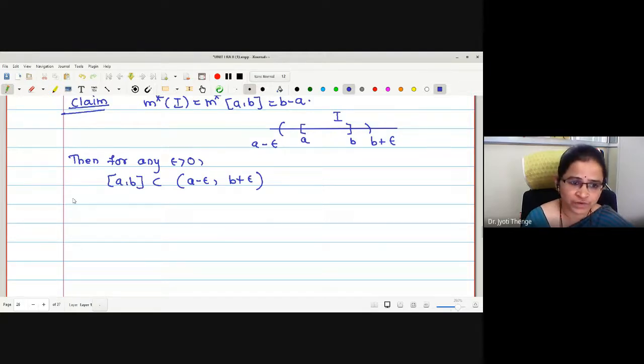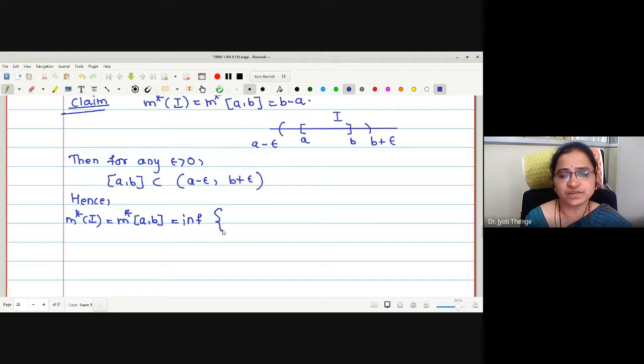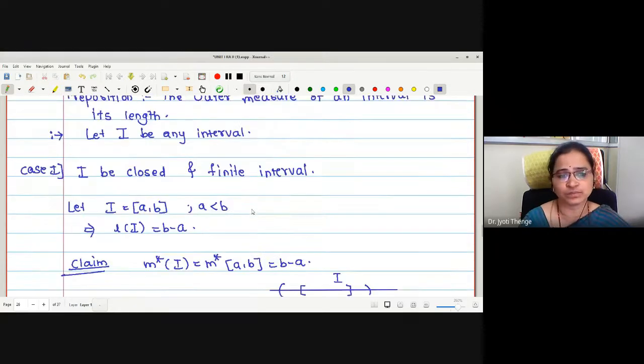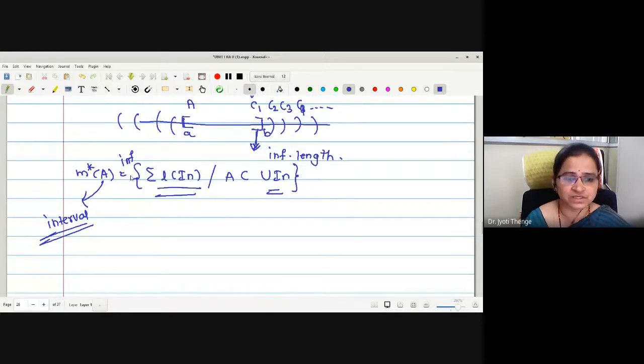Now, what does the definition of outer measure tell us? m star of I, which equals m star of the closed interval [a, b], is the infimum of what? Here there is no need to consider the summation of lengths. Why was it the summation of lengths before? Because the covering we had taken was a union of intervals.